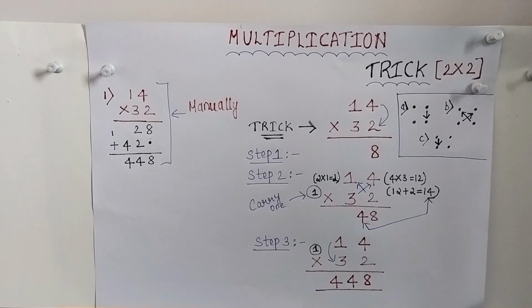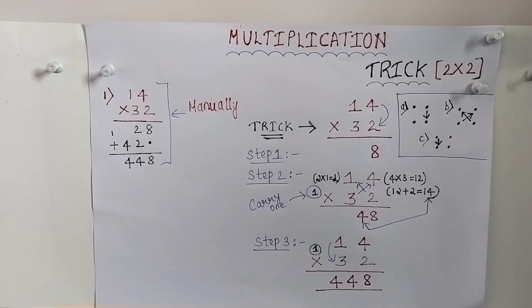Okay, and to quickly solve it, there is a trick. So 2 by 2 I will show you. 3 by 3 I will show you in the next coming series.